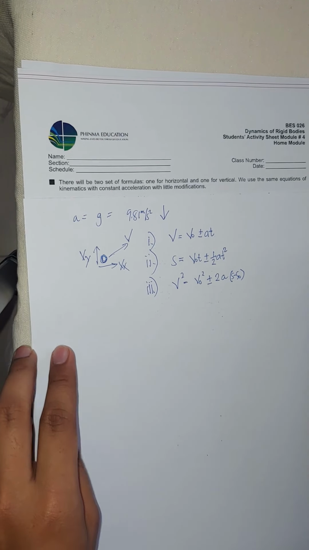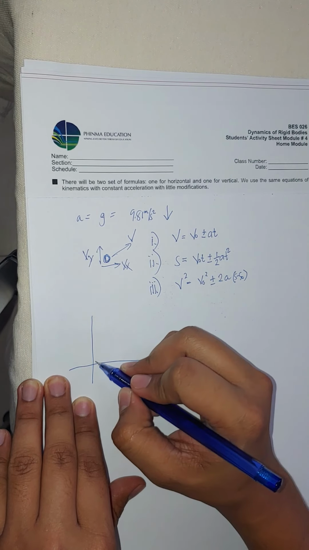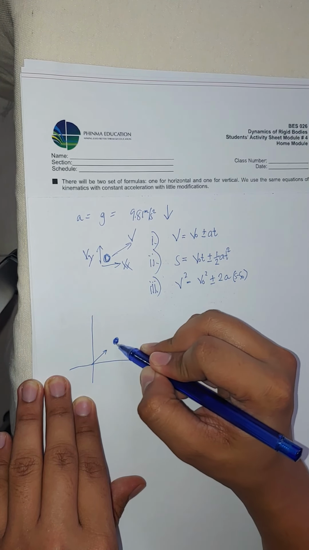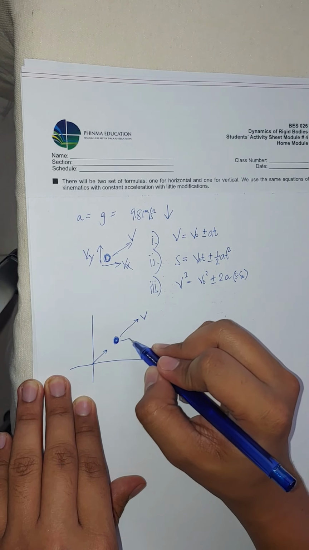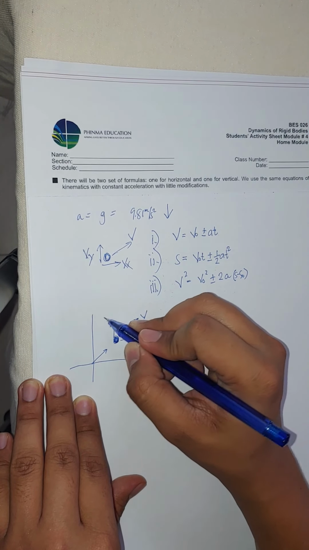Now, in projectile motion, let's say this is the object that was thrown. If this is the direction of the velocity, it has an x component and a y component, right?